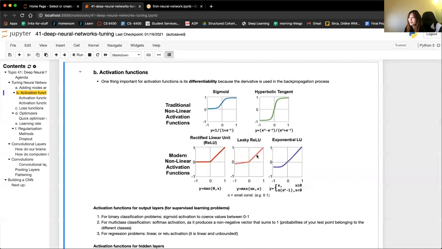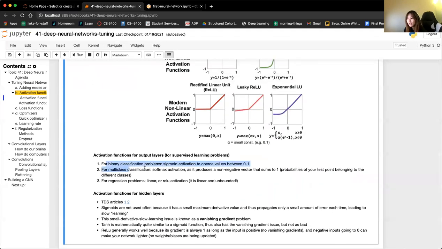So I've listed a few common examples here. For binary classification, you want to use sigmoid to coerce your values between 0 and 1. Same concept as for a logistic regression. If you have a multi-class problem, usually people use softmax, and softmax is just another activation function. The output of softmax is a non-negative vector that sums up to 1.